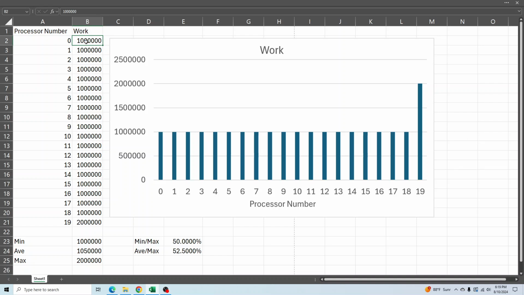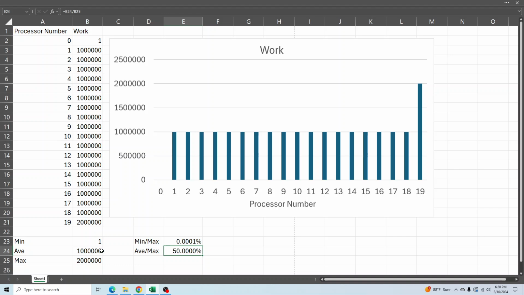So the point is that this workload very clearly illustrates that the min over the max is a meaningless statistic, and that the average over the max is the correct load balance efficiency.